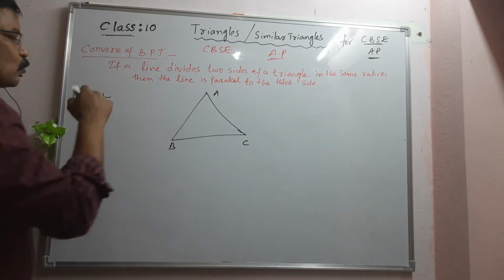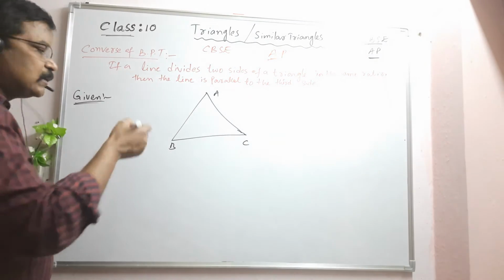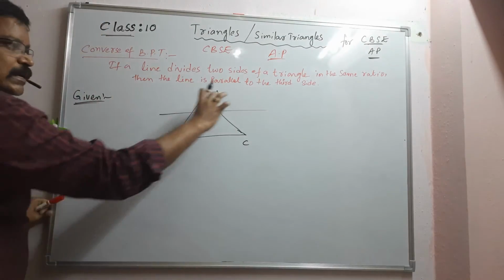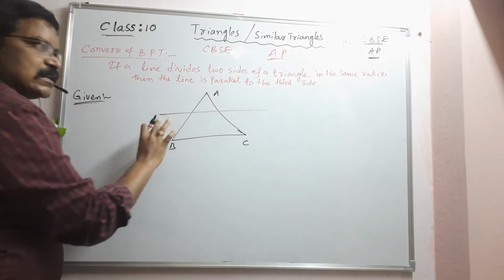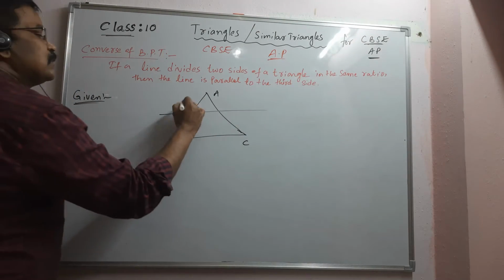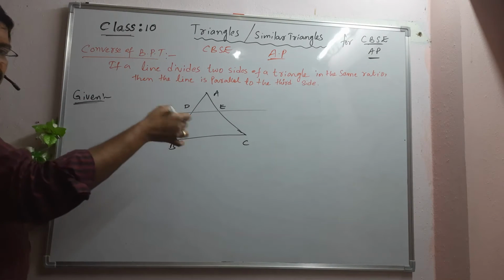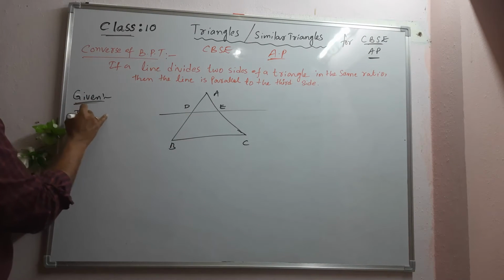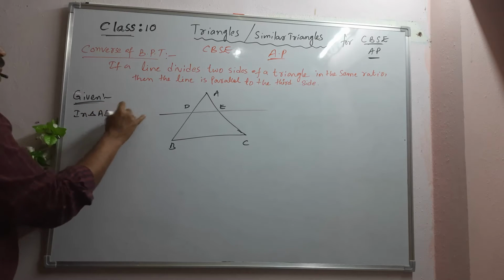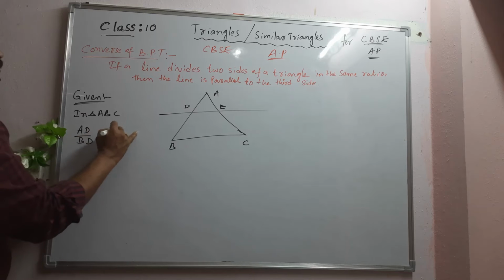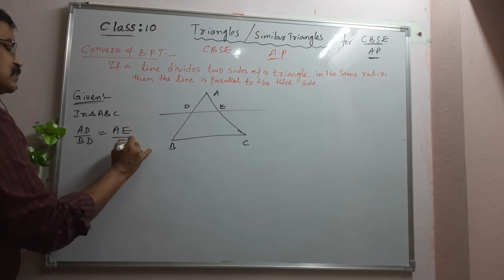Okay, now what is given here? A line divides two sides of a triangle, that means AB and AC, in the same ratio. That means this DE divides AB and AC in the same ratio. That means in triangle ABC, students, AD by BD is equal to AE by EC.